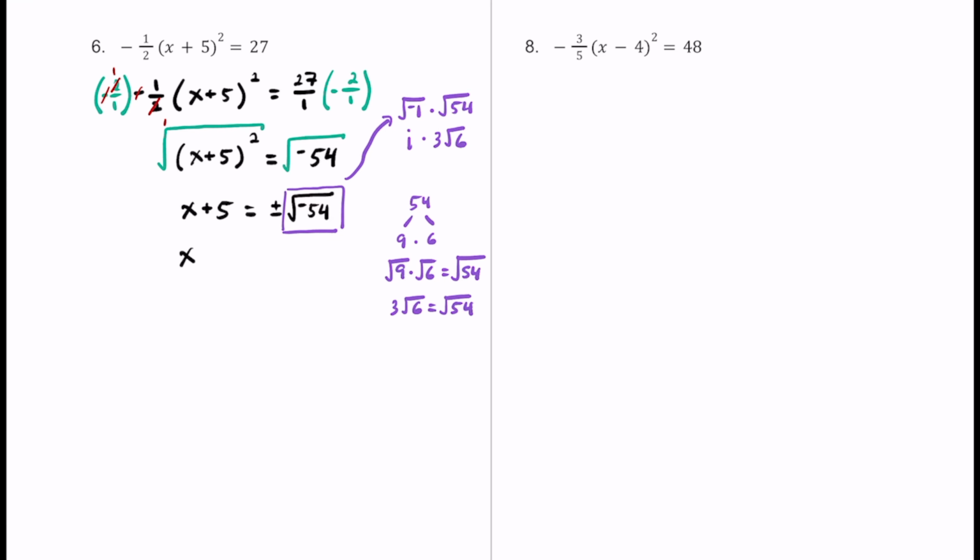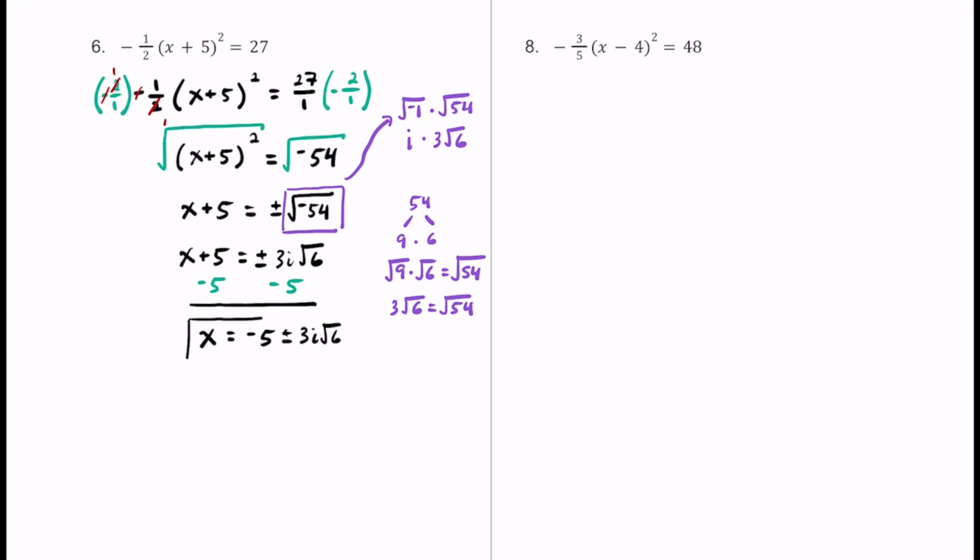So going back to our equation, we can say x plus 5 is equal to plus or minus 3i root 6. Finally, getting x completely alone, let's take away 5 from both sides of the equation. If we go ahead and do so here, then on the left side we just have x. On the right side we have negative 5 plus or minus this 3i root 6.